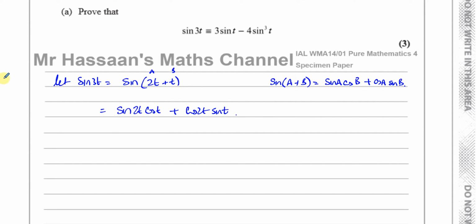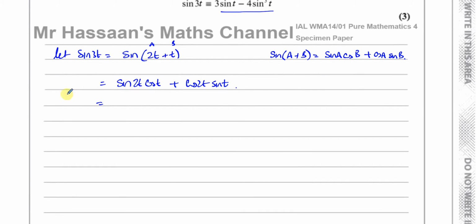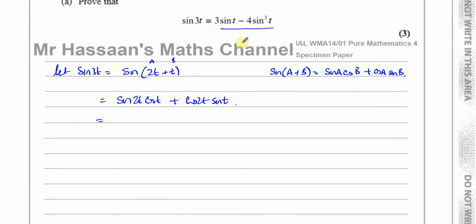Okay, now I want to end up with something with only sines in it. Now for sine 2t I don't have any choice. I don't want to have a double angle, I want to have single angles, so I can use the double angle formula for sine 2t. Now the double angle formula for sine 2t is based upon this. So instead of sine A plus B, let's call it sine t plus t.